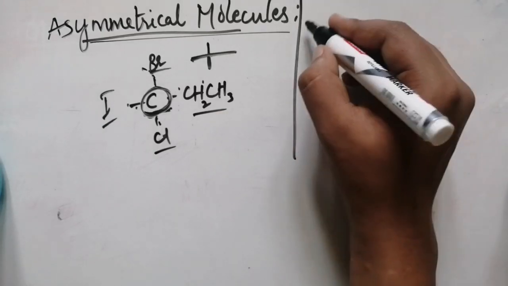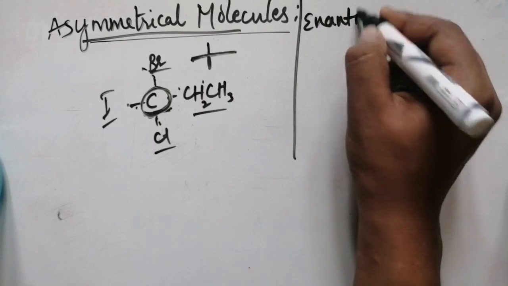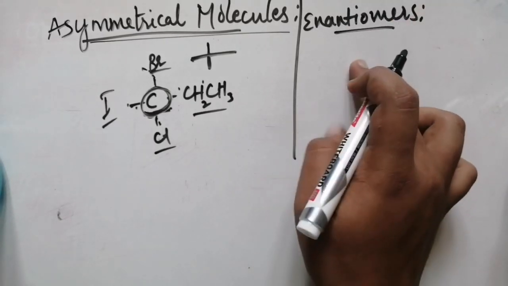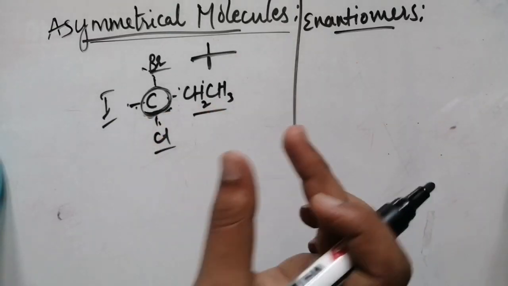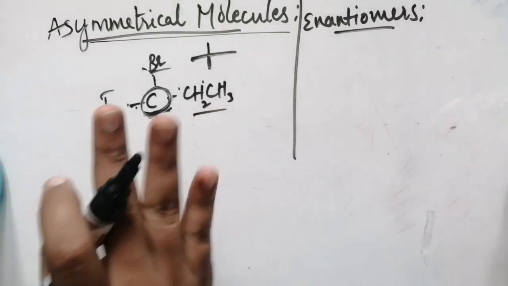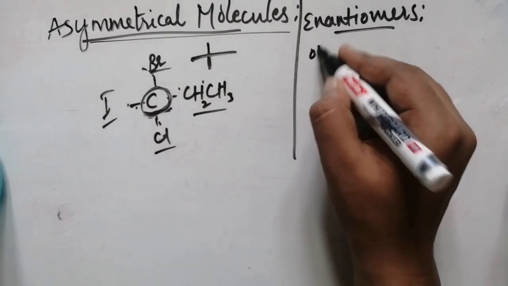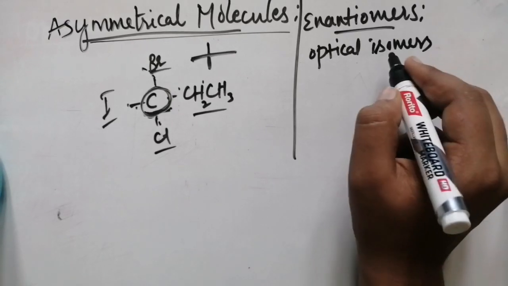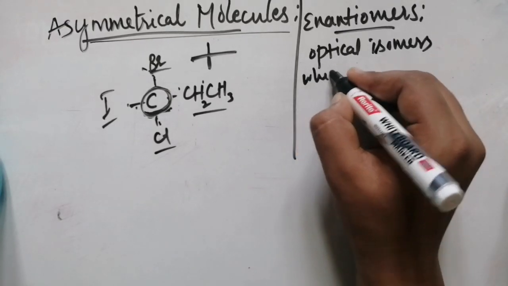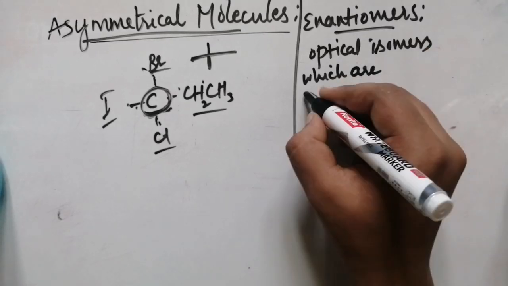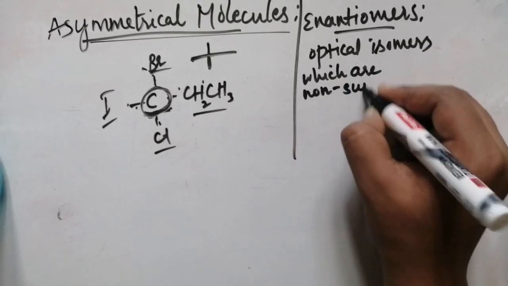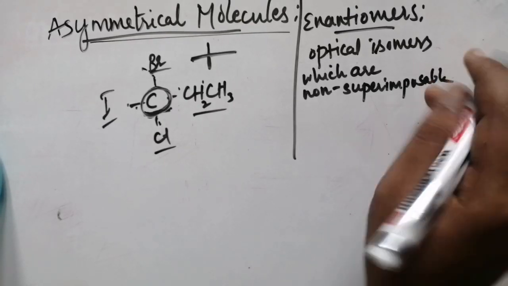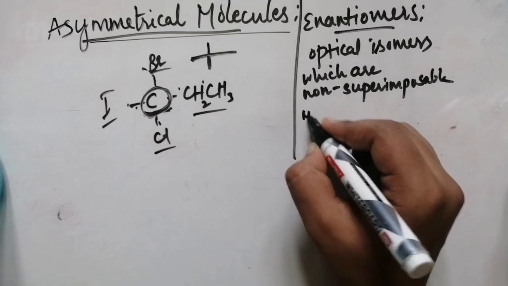Then the next topic to study is enantiomers. Many confuse between enantiomers and chiral molecules. Chiral molecules are some substances, but enantiomers are optical isomers which are non-superimposable mirror images.